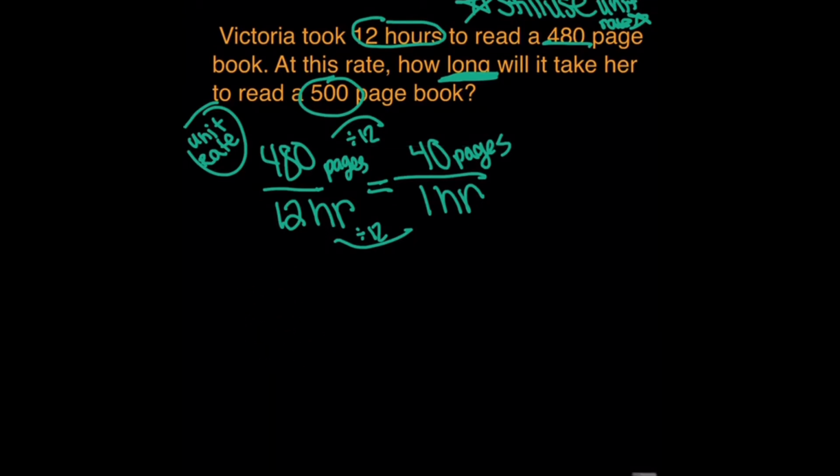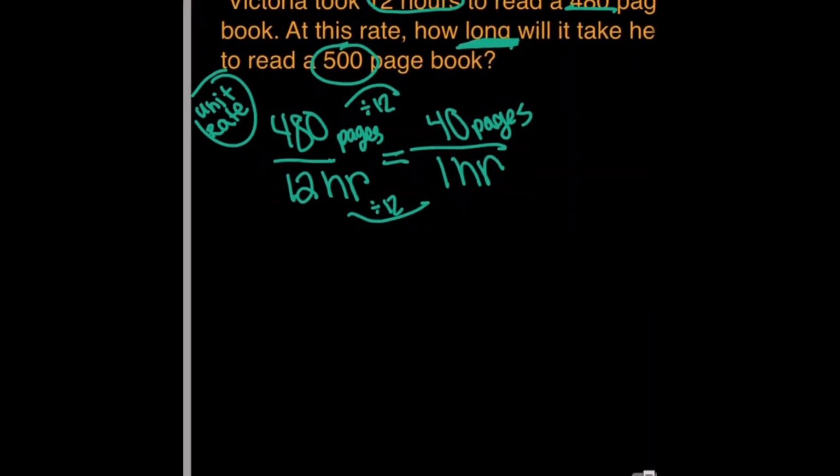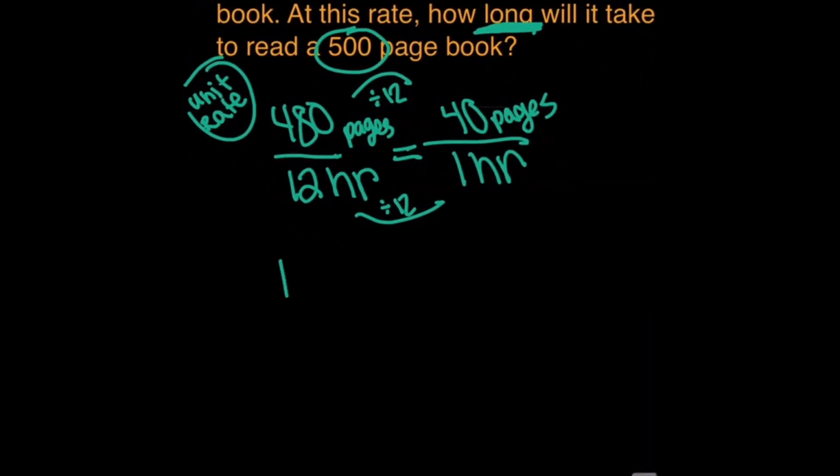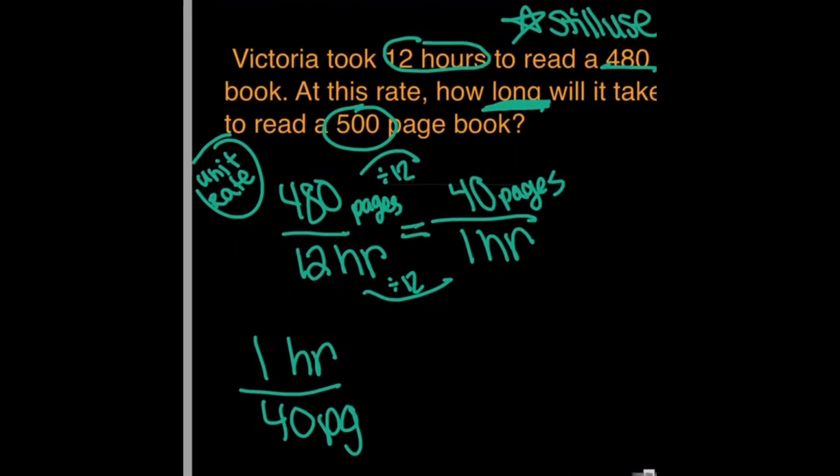However, now we have to change it up a little bit, because this is a time and we don't know the hour. This time we're going to switch it. We're going to do 1 hour on the top, and we're going to do 40 pages on the bottom.